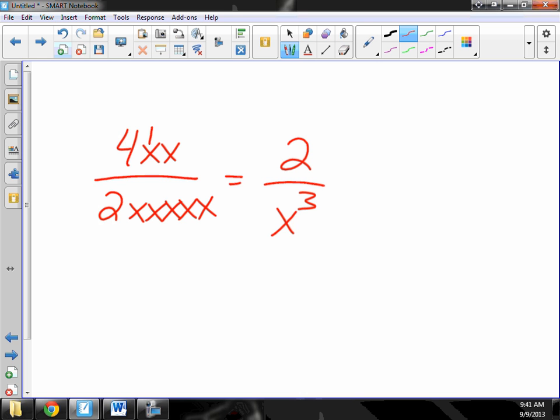What is x over x? 1. X over x? 1. So that's why we subtract. If they're on the same side of the fraction, they work together and you add them. If they're on opposite sides of the fraction, they work against each other and they end up canceling out. Does that make sense?